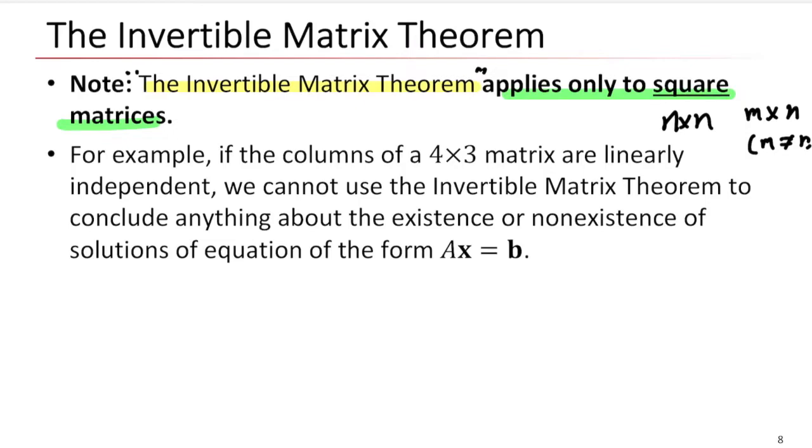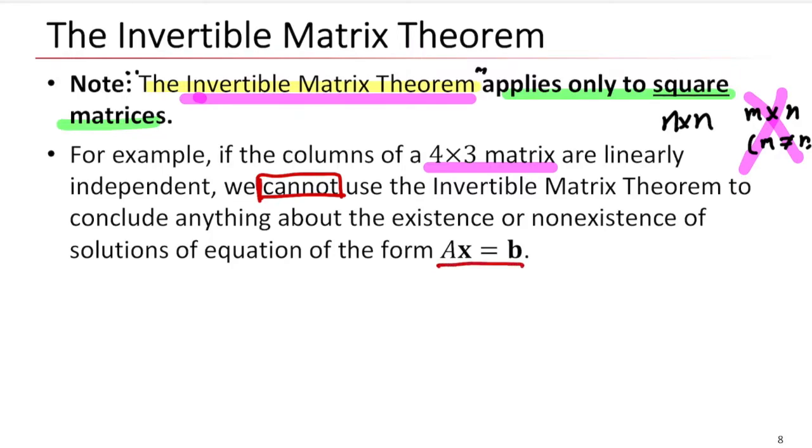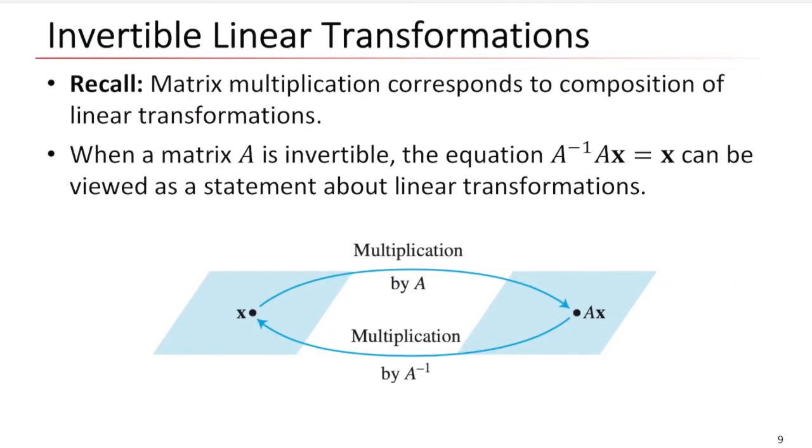Then we cannot use this invertible matrix theorem. For example, if the columns of a 4 by 3 matrix are linearly independent, we cannot use the invertible matrix theorem to conclude anything about the existence or non-existence of a solution of the equation Ax equals b. So please be careful. The invertible matrix theorem is only defined on n by n square matrices. Okay.